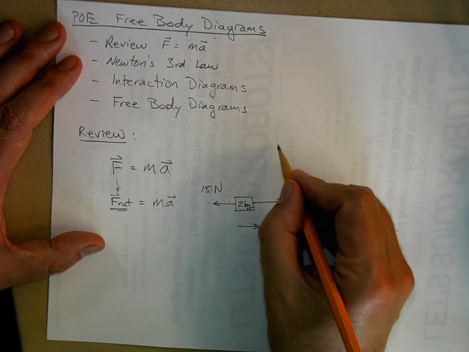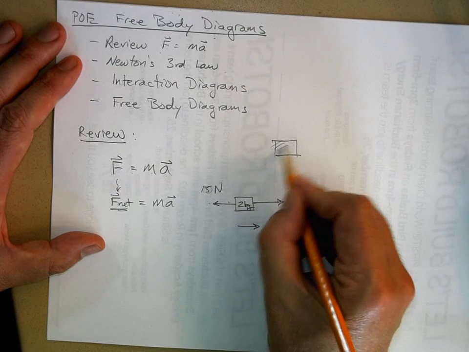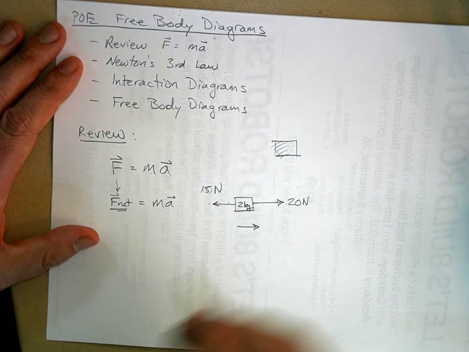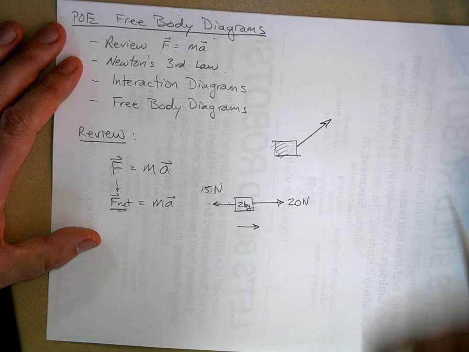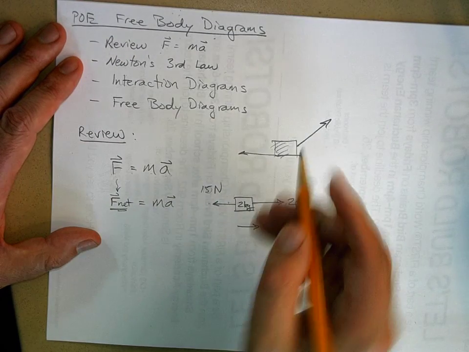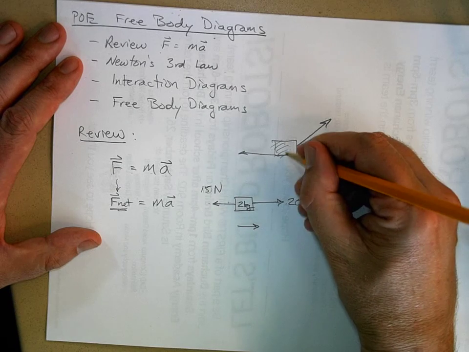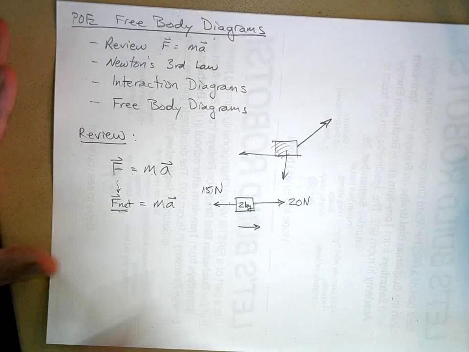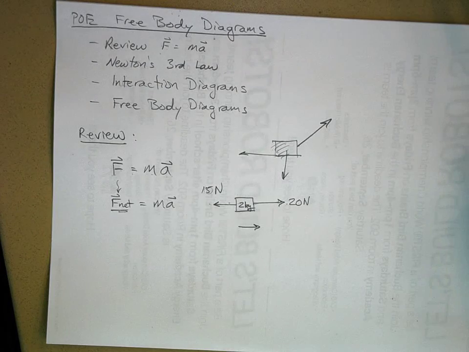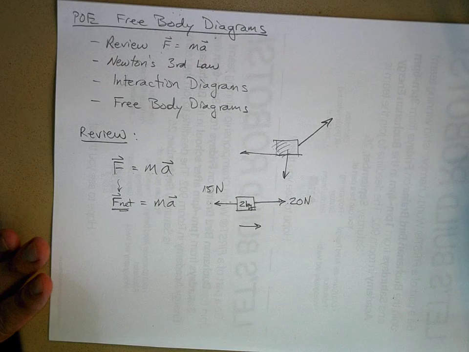Now, when you take a physics class, I don't think we're going to do it in here, but you might have an object with a force at an angle like this, and another force like this, and something like this, and you'll have multiple forces acting on it, and you have to get down to the net force. There's a whole mathematics of adding vectors together.